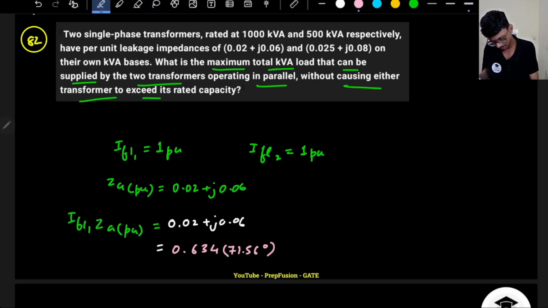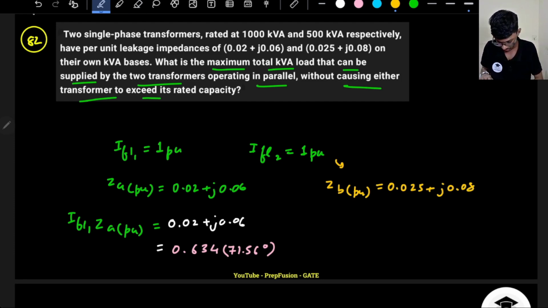And what about this? What is the per unit impedance of transformer B? It is 0.025 plus j0.08.